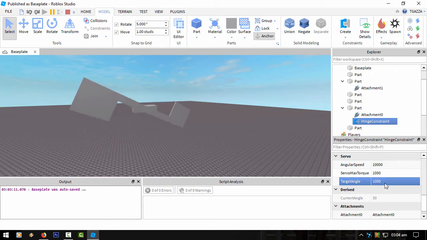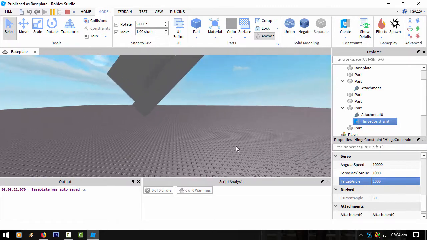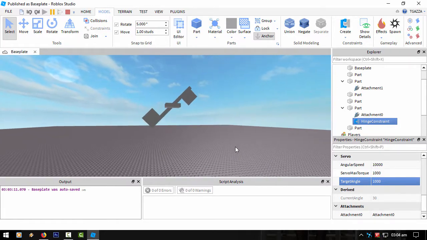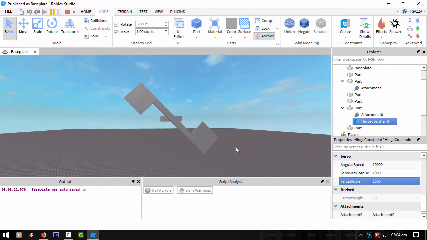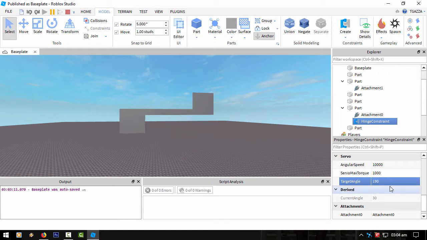Like if I put 1000 there, we're going to hit the base plate, or are we? Nope, we go. So that's just gone to 45 degrees, if you like. So let's do negative 1000. They go to 180. Oh, okay. There we go. It's just got to it. 190. Let's try that then.